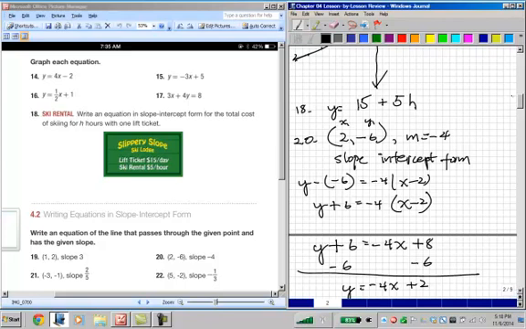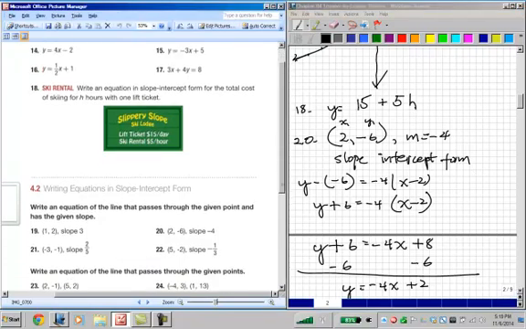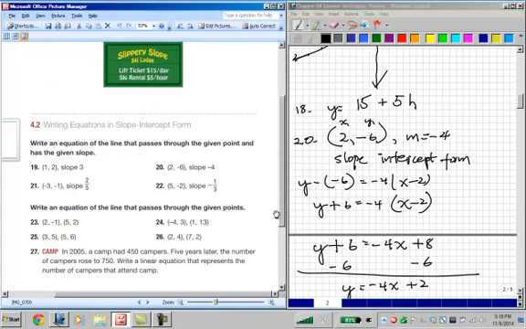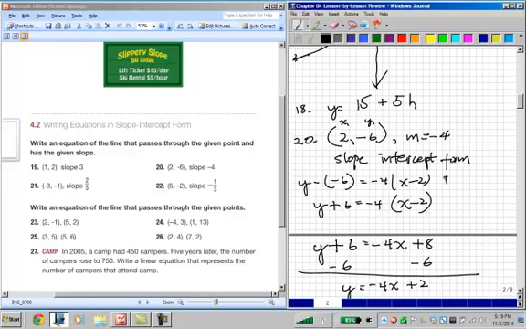20. Write an equation of a line that passes through the given point and has the given slope in slope-intercept form. So 20, the point is negative 2, negative 6, and the slope that's given is negative 4. So I label the points x sub 1, y sub 1, and I use point slope form.